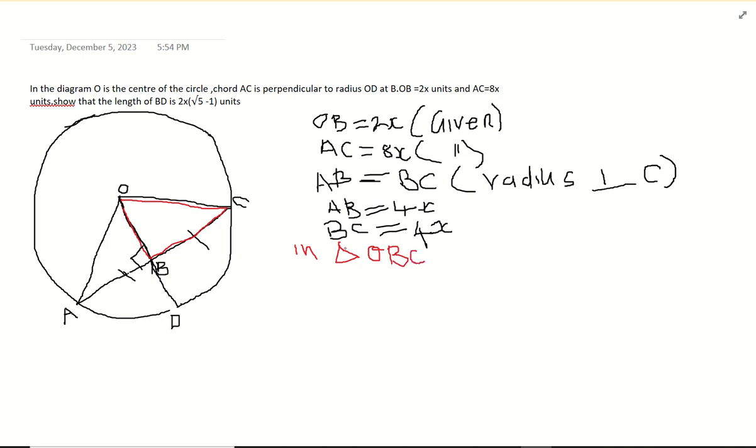In triangle OBC, we are going to use the Pythagoras theorem to find the value of OC. In triangle OBC, OC squared is equal to OB squared plus BC squared.